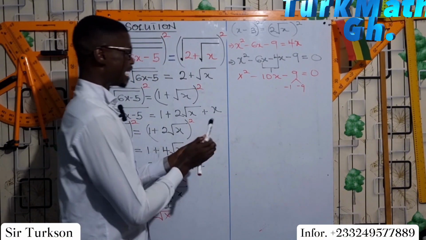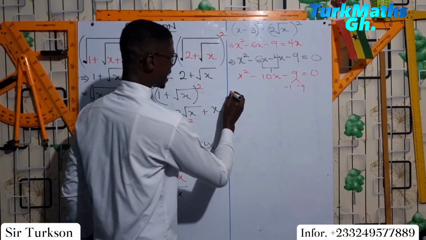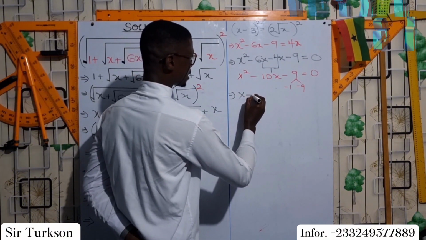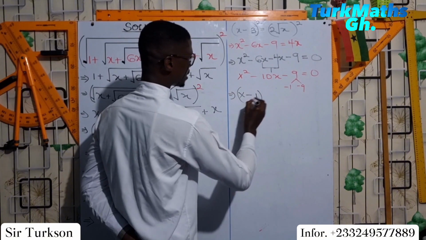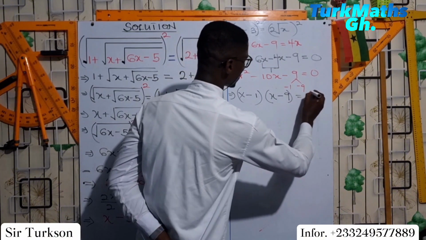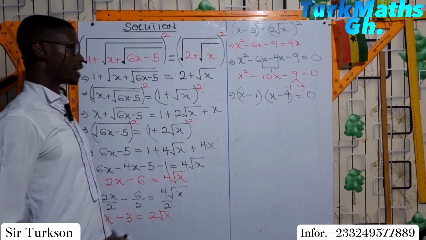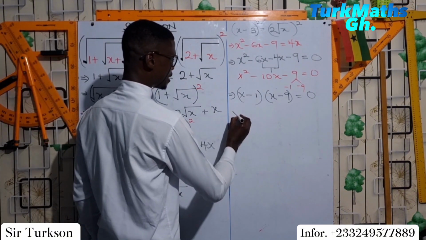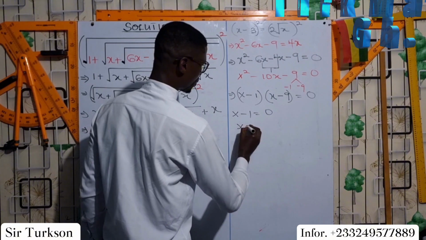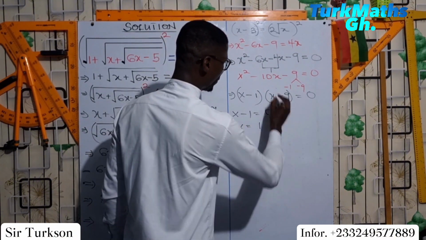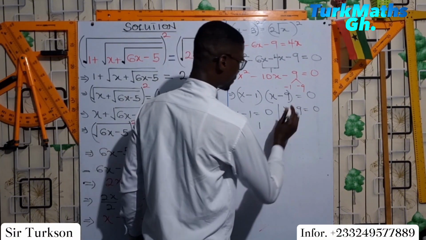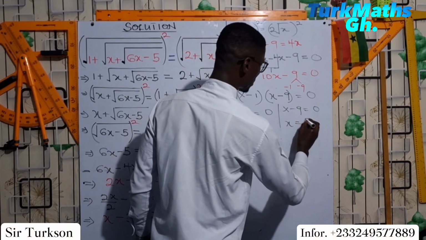So I'm going to rewrite this as x minus 1 into bracket x minus 9 equals to 0. That's good. So x minus 1 equals to 0, so x is equals to 1. Then when I pick x minus 9 equals to 0, I'm going to have x is equals to 9.